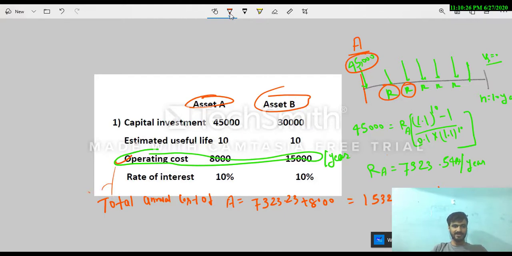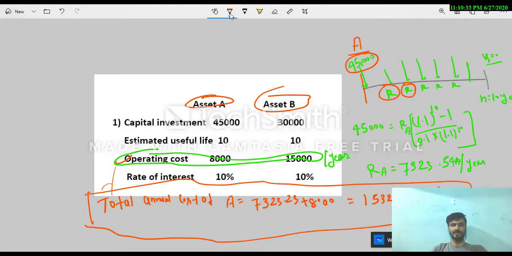I think you have got that amount of rupees for asset A. This is the total annual cost for asset A that we have calculated. Now we have to compare this asset with B. So how will we calculate for B?